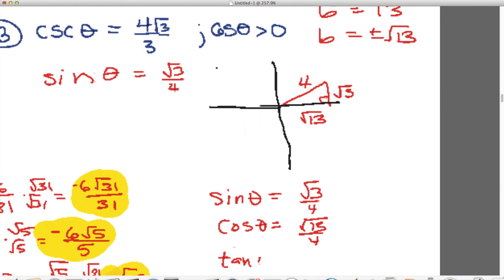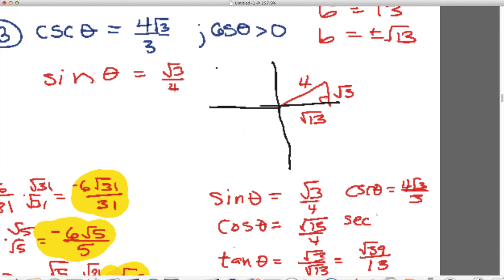Tangent theta would be root 3 over root 13, which when you rationalize that, you can check my work if you want to, it would be root 39 over 13. And then when I flip it, it's going to be 4 root 3 over 3.